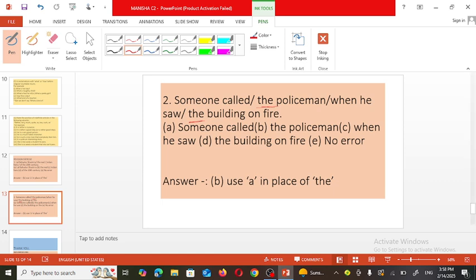So the building is specific, the one which is on fire. We are not talking about any common building. We are talking about the building which has caught fire. So article the is correct here. But when we want to call any policeman, that policeman can be anyone. It is not specific, and that's why instead of the, article a must be there.